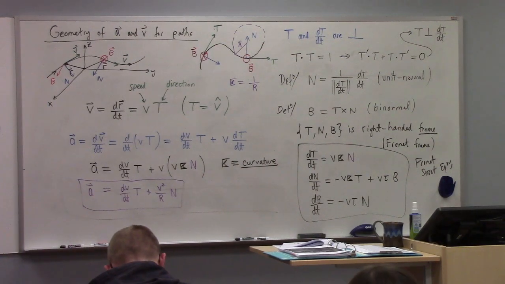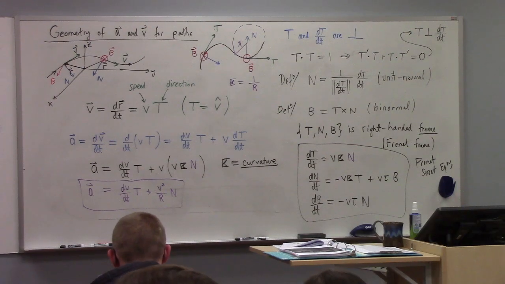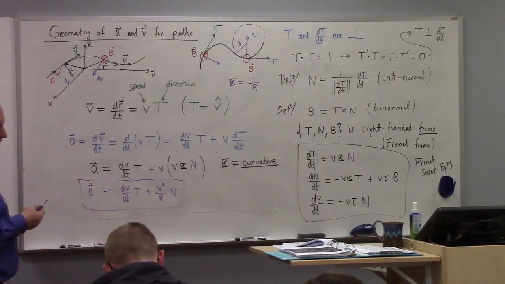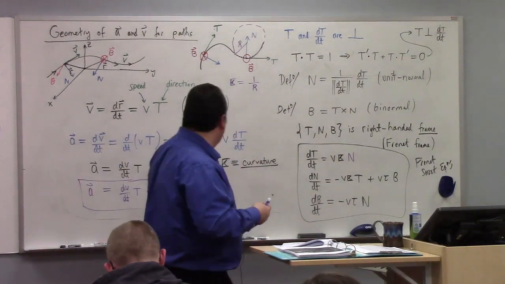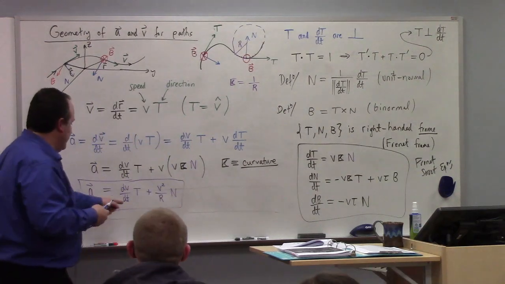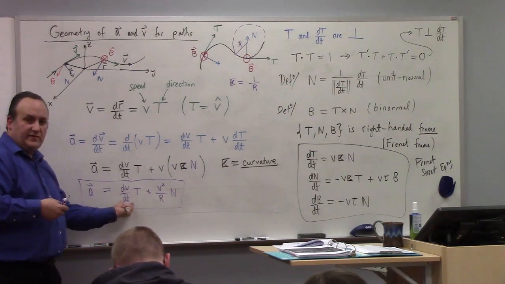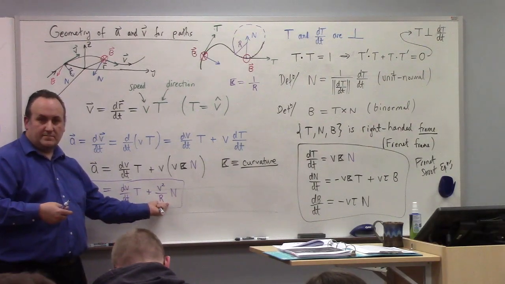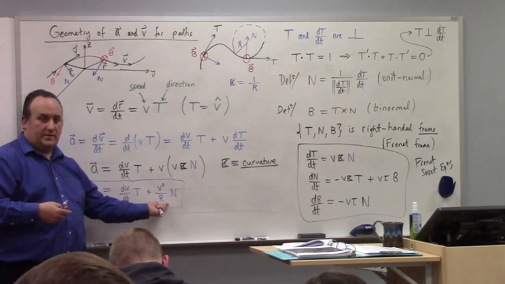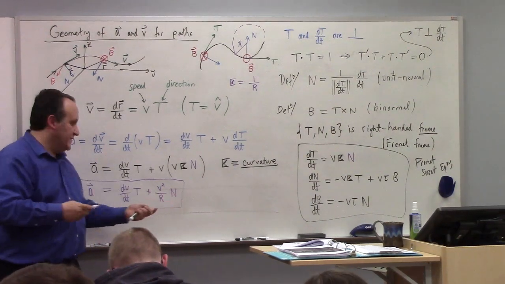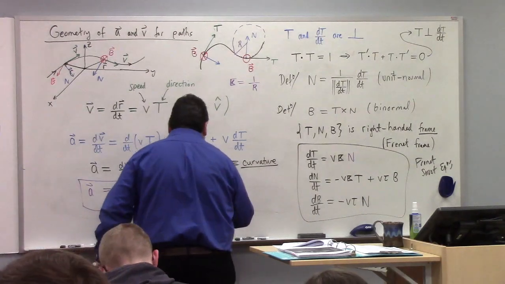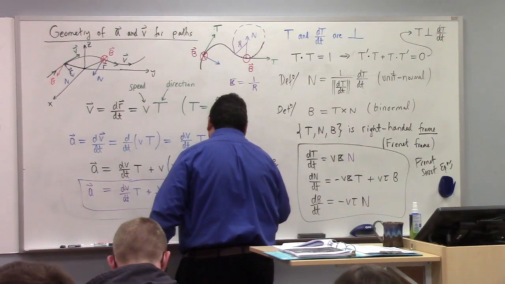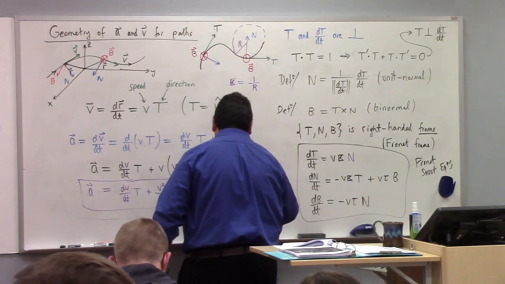There's a tangential part to the acceleration, and there's a centripetal part, or you could say normal. So this is the tangential component of the acceleration, and this is the center-seeking component. Notice that T and N are perpendicular, so the magnitude of the acceleration is simply the square root of (dv/dt) squared plus (v squared over r) squared.